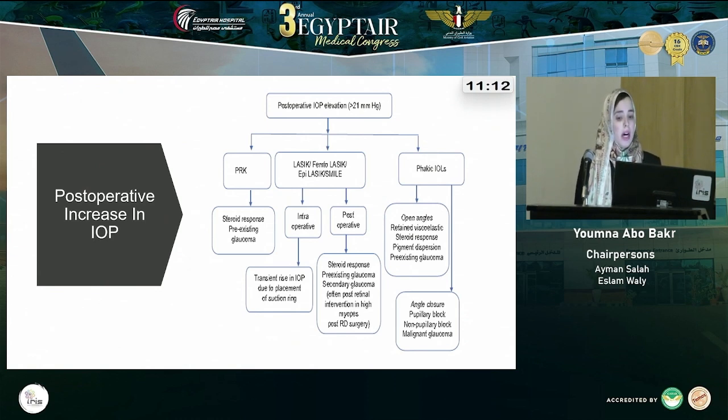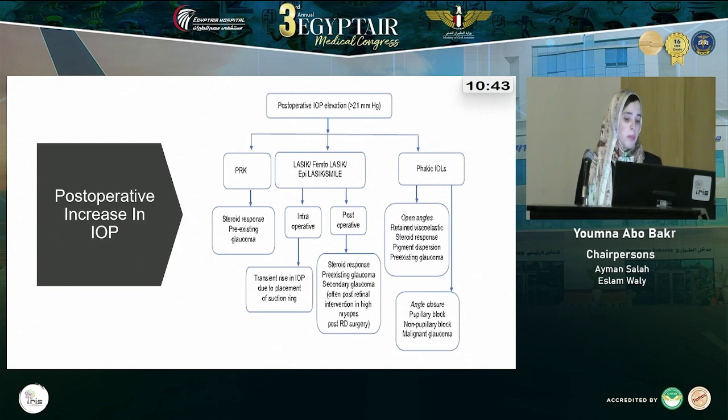In phakic IOLs, if you have a phakic patient with open angle, the most common cause is retained viscoelastic, especially in the early postoperative period. If the patient is a steroid responder, and we find that patients undergoing phakic IOLs are already high myopes, most of them are steroid responders. So again, you can avoid that by switching to loteprednol from the start and avoiding prednisolone.